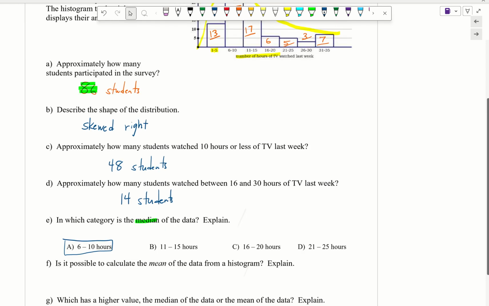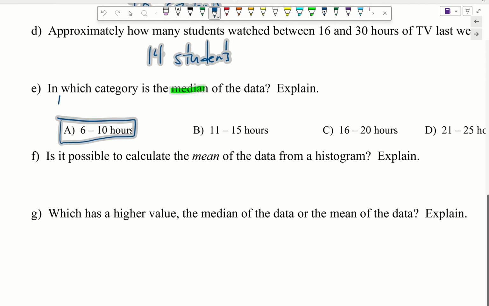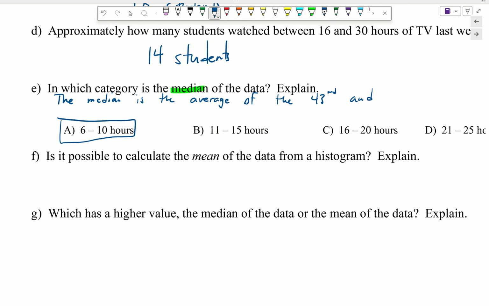Okay. And then to just kind of put that in words, the median is the average of the 43rd and 44th piece of data, which both are in the 6 to 10 category.